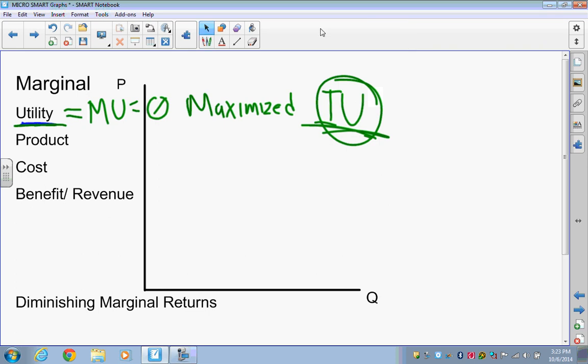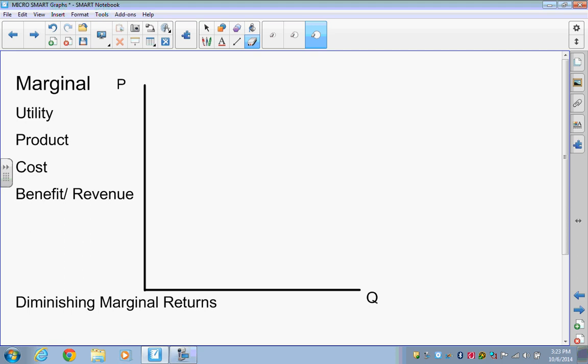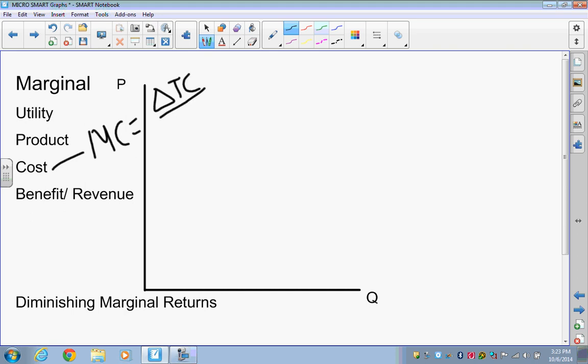All right, so let's go back to the little trouble you guys seem to have right here with marginal cost. What is the formula for marginal cost? Remember, it was the change in total cost over the change in quantity, which is also your marginal product. Okay? Remember, marginal cost is a cost of producing what?